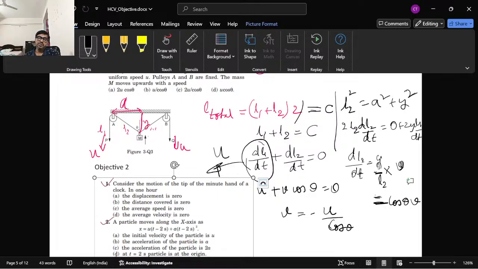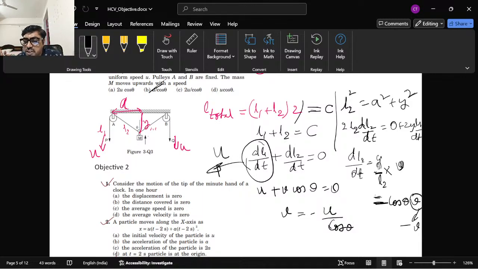Why did it come? Because dy by dt is not V, dy by dt is minus V, because y is decreasing. So don't worry about it. What do I get? V equals u by cos theta. This is one method using differentiation.